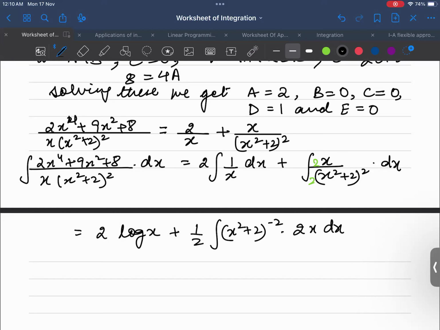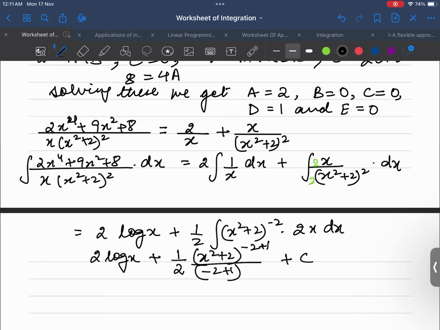You will get 2 log x. I think by this time you are expert in integration. It would be x square plus 2. It would be minus 2 plus 1. Let me put it this way. Minus 2 plus 1, by substituting, we have done it. So it would be 2 outside, and we can get 2 log x plus half.